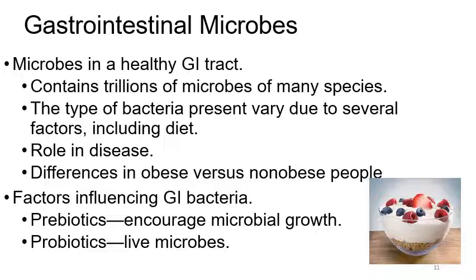The microbes have a role in disease, and the type of microbes differs between obese and non-obese people. There are factors influencing the GI bacteria: the prebiotic and the probiotic. The prebiotic encourages microbial growth, while the probiotic has live microbes, just like yogurt. When you think of yogurt, they should all have the probiotic, and they should all have the same one.